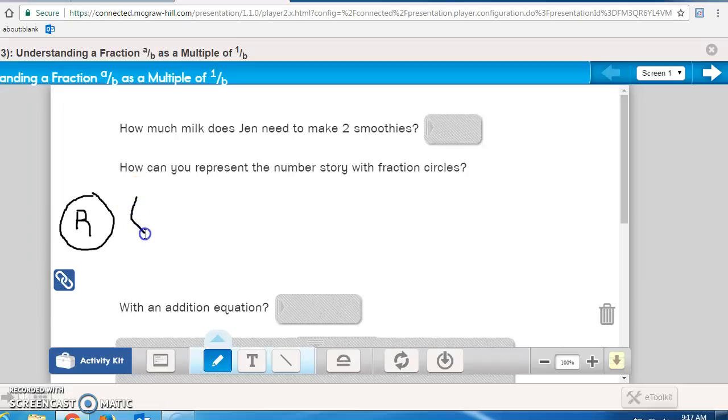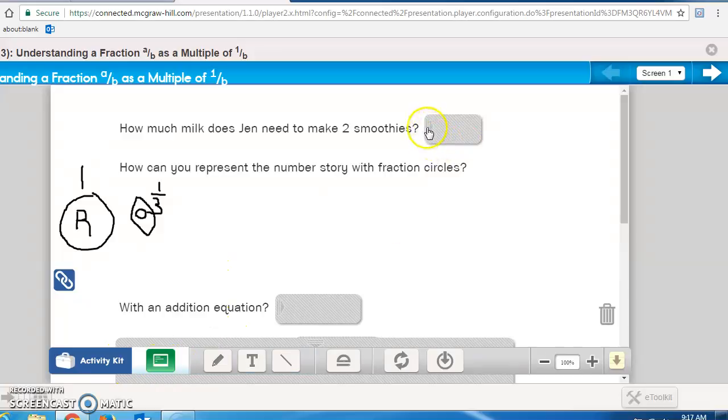This is the whole. The orange is the third. How much milk does Jen need to make 2 smoothies based on the fraction pieces and the previous information that I gave you? Pause the recording and figure that out.